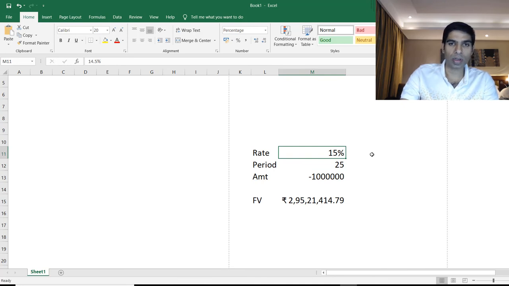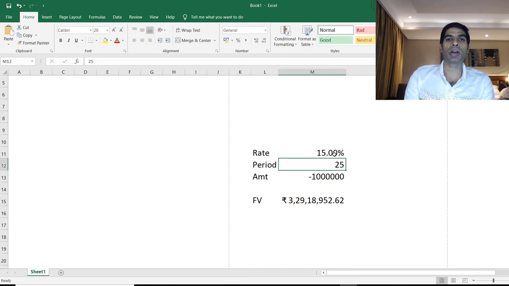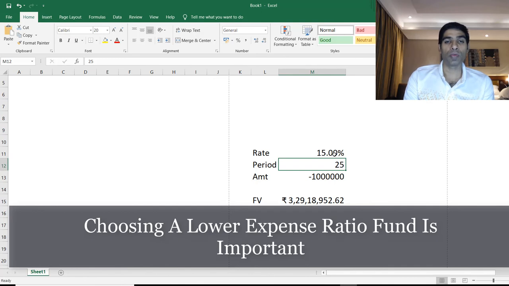Let me just take it as 14.95 only. If I do this, yeah, now if I keep it at 15%, this becomes almost 35 lakh rupees gap. So even that 0.5% gap can really impact your overall performance in the long term, especially when we are investing for long term for wealth creation.